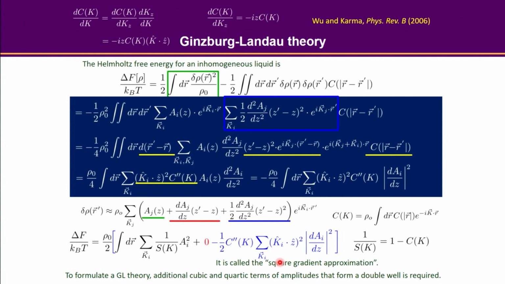So just give yourself an example. If you have a BCC lattice, let's say the interface normal we are choosing is 100, very easily. But K could be 110, 011, etc. Immediately you will get a different inner product for different K. So the summation here means that we're expecting 12 terms. But even for those 12 terms, some of them will have the same coefficient, some of them will have different coefficients.